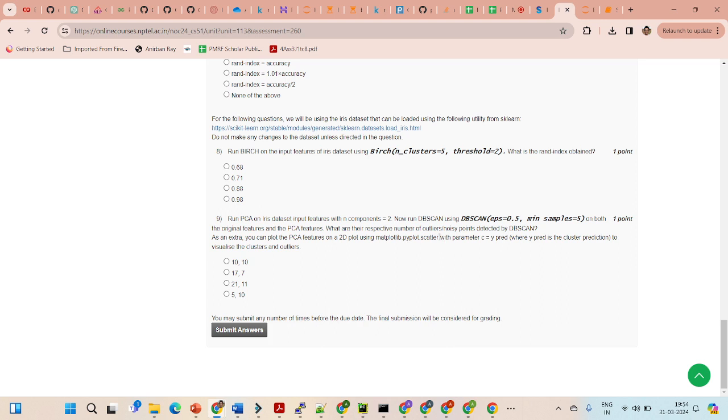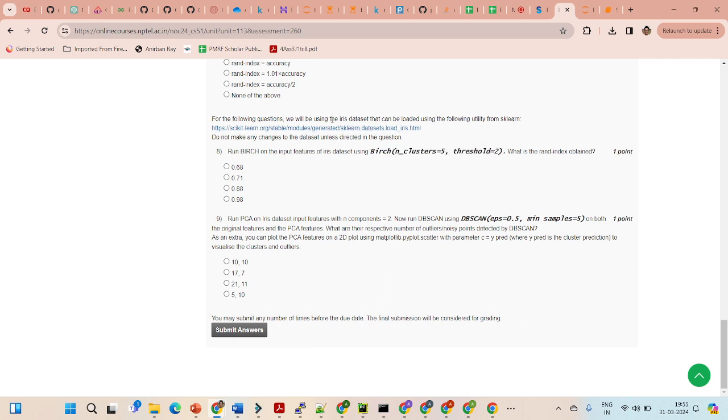Okay, so the iris dataset is given. You can get the iris dataset from some library, and the Birch algorithm will also be given in some framework or library.